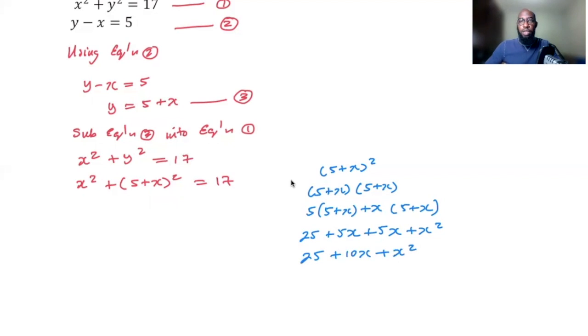All right, so when you expand this bracket, you get this result below here. Remember, 5 plus x in bracket squared simply means you're multiplying those two brackets by itself. 5 plus x by itself.